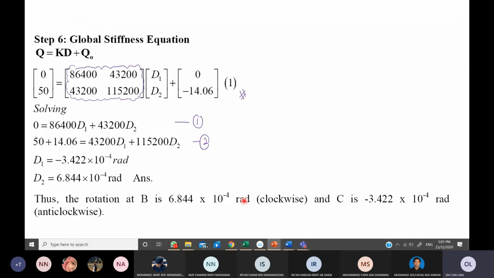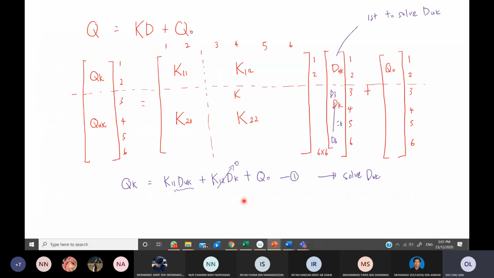But in this question, we don't show how to get the support reaction. So you can refer to my notes, but before I ask you to refer, maybe I will write it here.